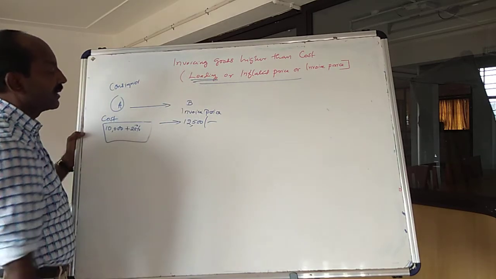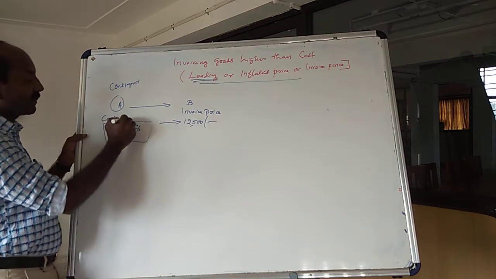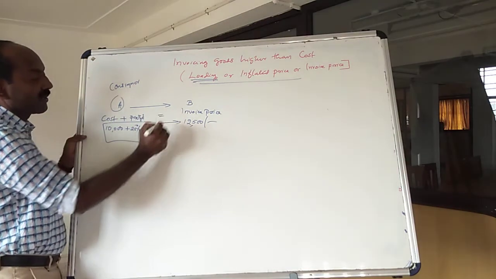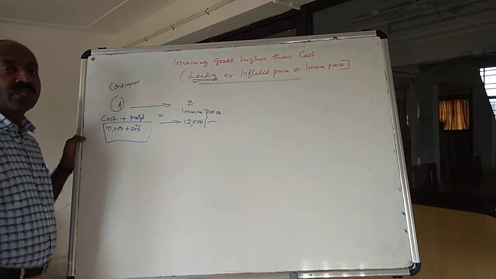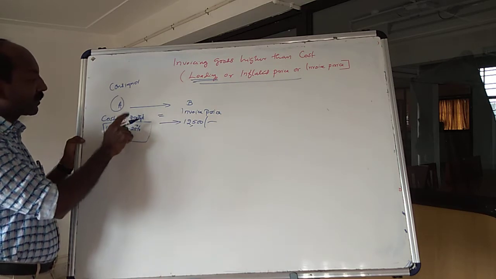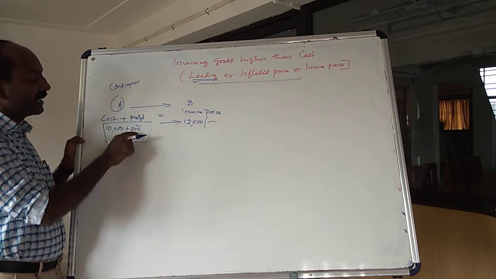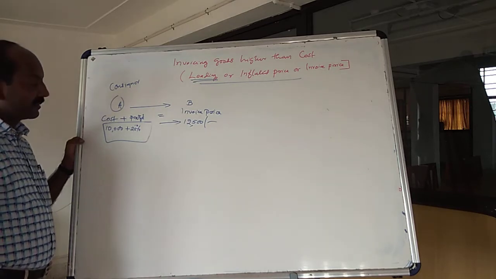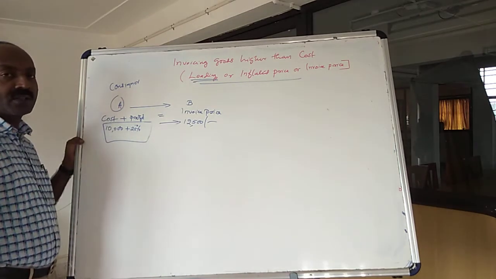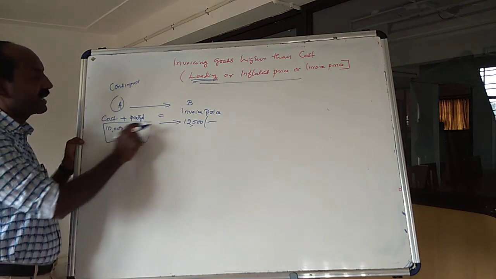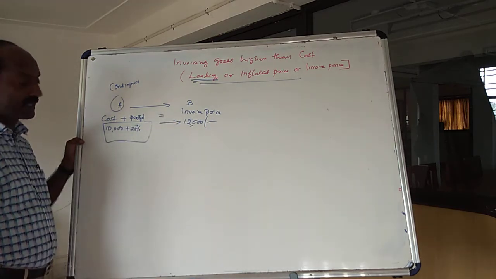So cost plus profit is equal to invoice price. Normally loading will be a fixed percentage on cost, and that is added to get the invoice price.